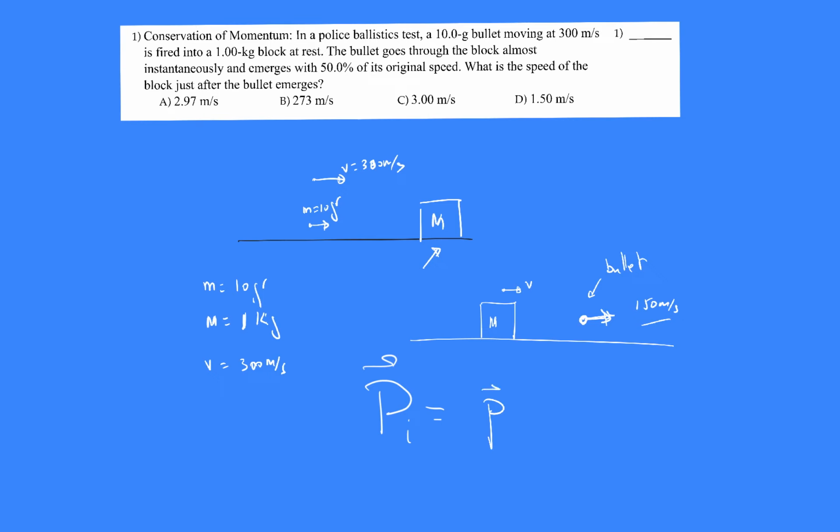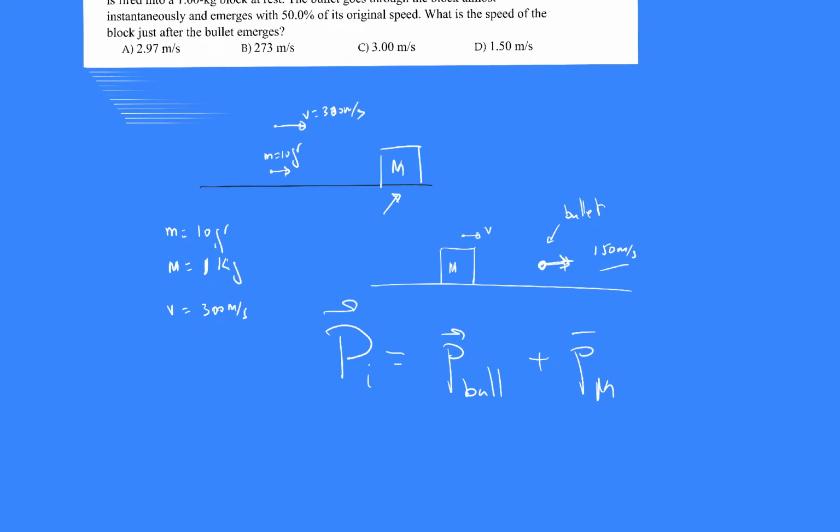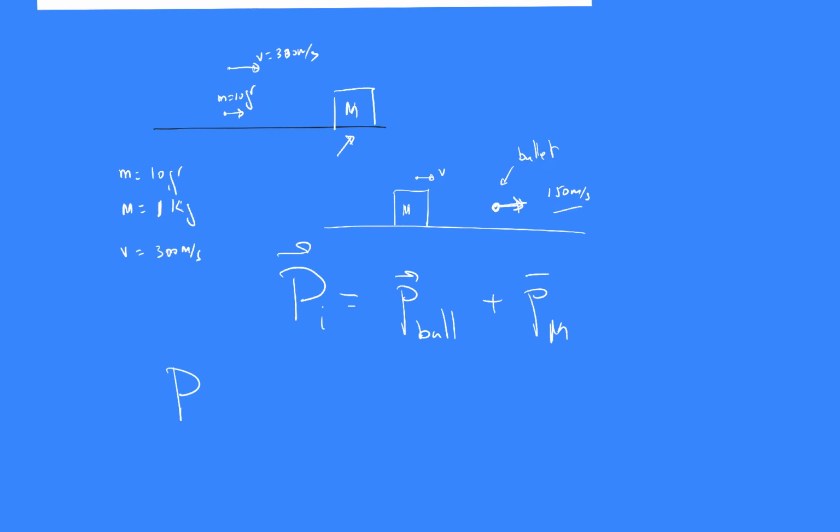It is the momentum of the bullet plus the momentum of the mass M. The momentum is a vector, and the momentum of the bullet is the mass of the bullet times the velocity of the bullet, plus the momentum of the block, the capital M, which is the mass of the block times the velocity of the block.